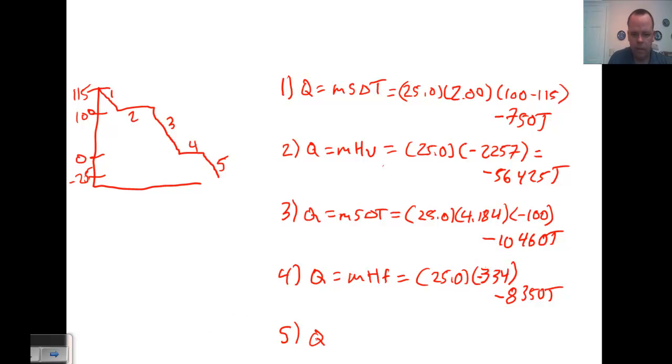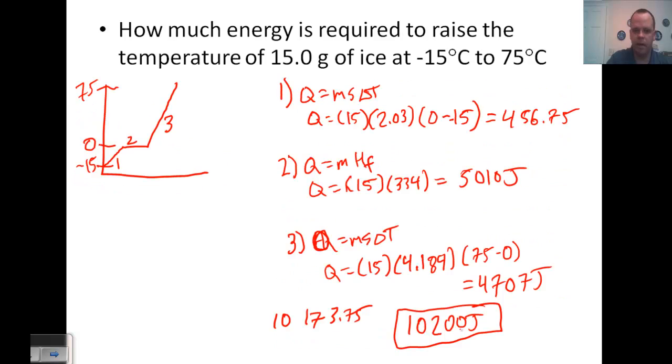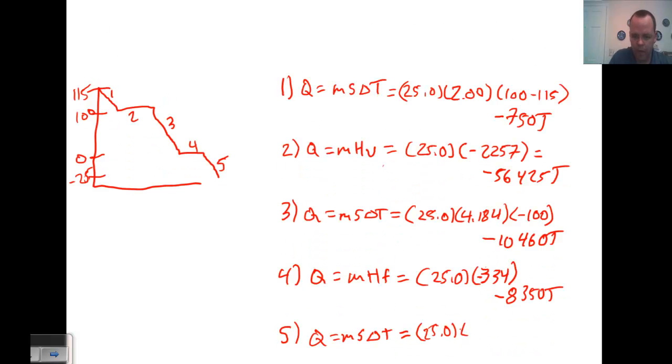And section 5, Q equals ms delta T. We get 25.0 times the specific heat of ice, which was 2.03, times a change in temperature now of negative 25. We get negative 1,268.75. Now we'll add all those together.